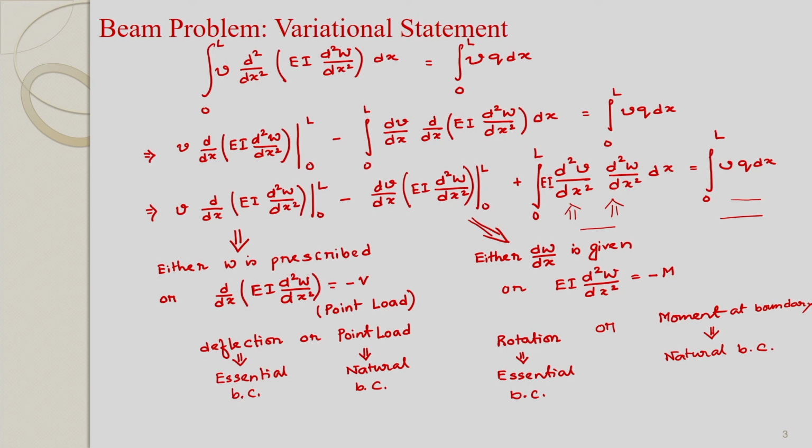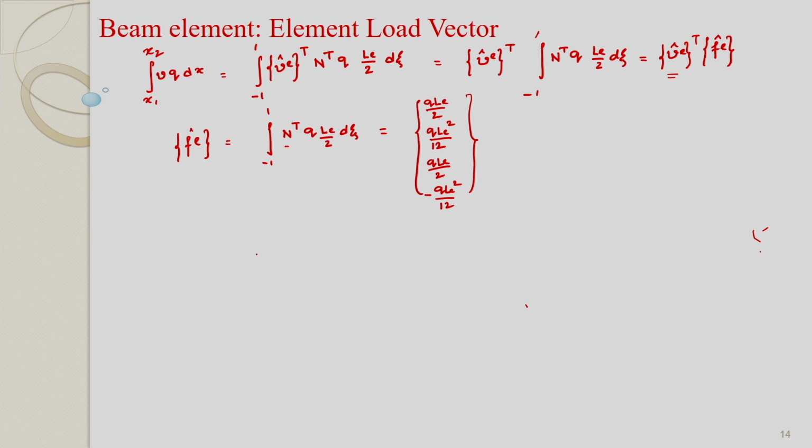then, as I mentioned, boundary terms are taken care of at the global level, and for this elemental equation finally we have, here this VE hat transpose is not appearing considering the arbitrariness of variation.